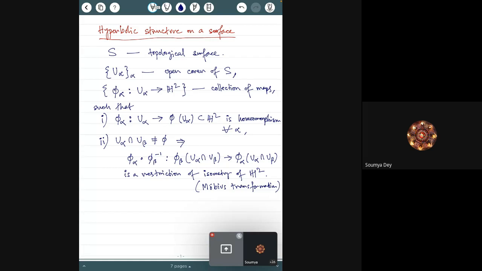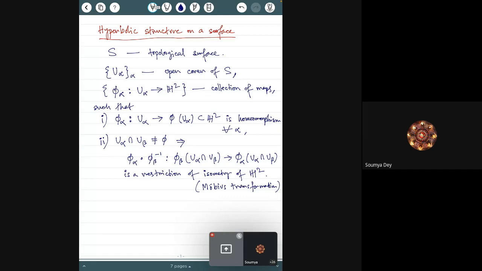Whenever U alpha intersection U beta is non-empty, all these maps are basically restrictions of some isometry of H2. As you can see, both the domain and codomain are subsets of H2, the hyperbolic plane, so you can talk about restriction of an isometry, namely the Mobius transformations.